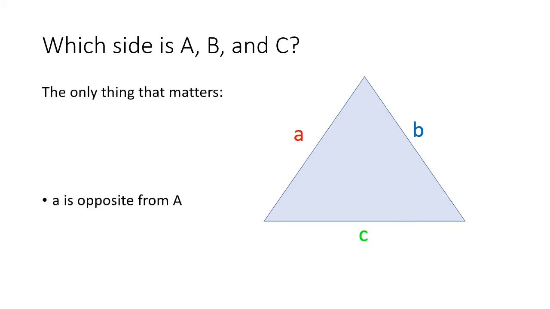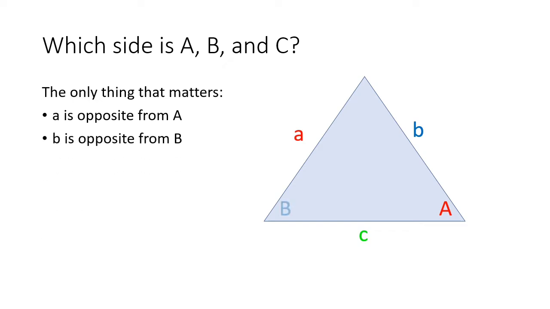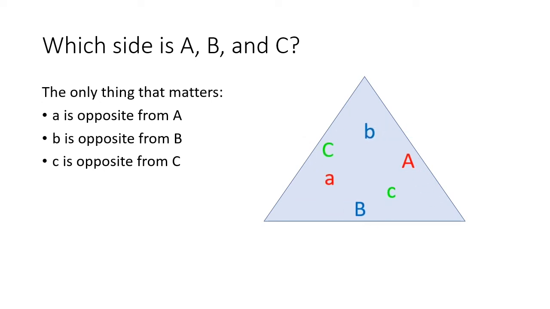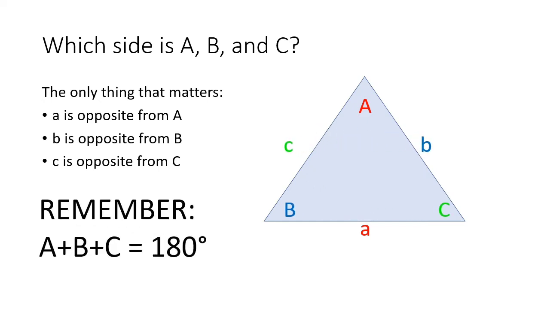The only thing that matters is that A is opposite from A, B is opposite from B, and C is opposite from C. It does not matter which one you call A, B, and C as long as these three things happen. Remember, all three of these angles add up to 180.